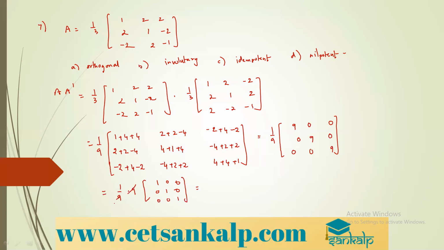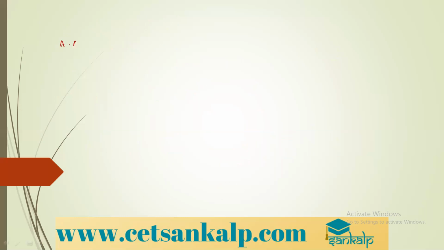That is an identity matrix I. So what is happening here? A into A dash, I got it as I. Similarly, A dash into A also I will get I. So I can write A is orthogonal matrix.